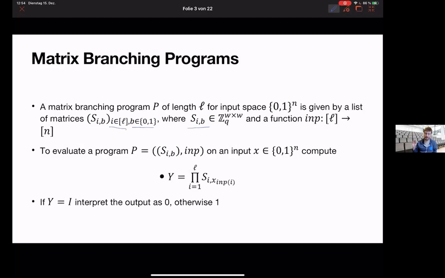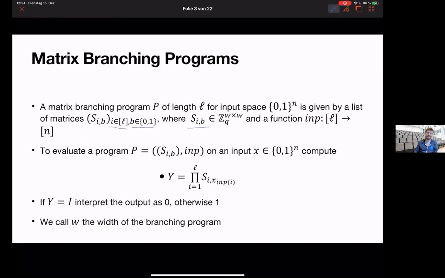But once we have computed this y, if y equals the identity matrix, then we interpret the output of this branching program on input x as 0. Otherwise, if y is anything different from the identity matrix, we interpret the output as 1.